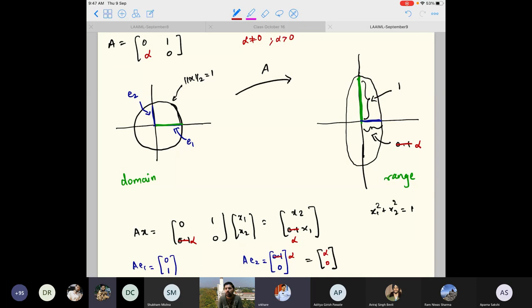Sir, yes. I just wanted to clarify one thing. Here E1, when we take it, X1 will be 1 and X2 will be 0, right? E1 is this vector 1 0 and E2 is this 0 1. Standard unit vectors.